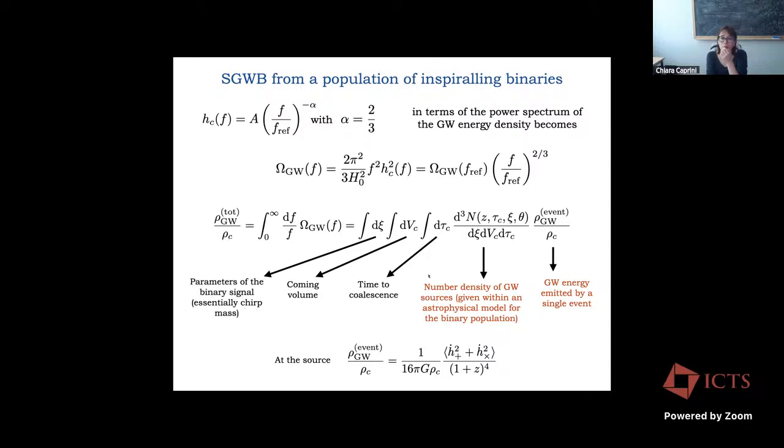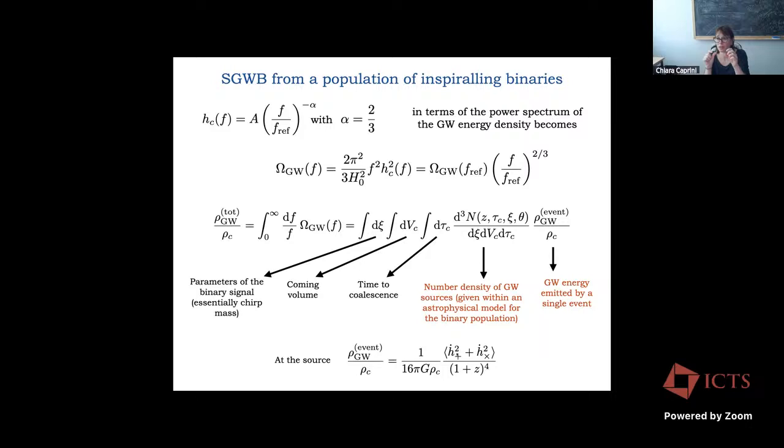Of course, this quantity here has nothing to do with the gravitational wave emission. This really comes from an astrophysical model for the binary population. The gravitational wave emission of a single event at the source is instead given by this formula. I had it in the previous slide as h dot ij times h dot ij.